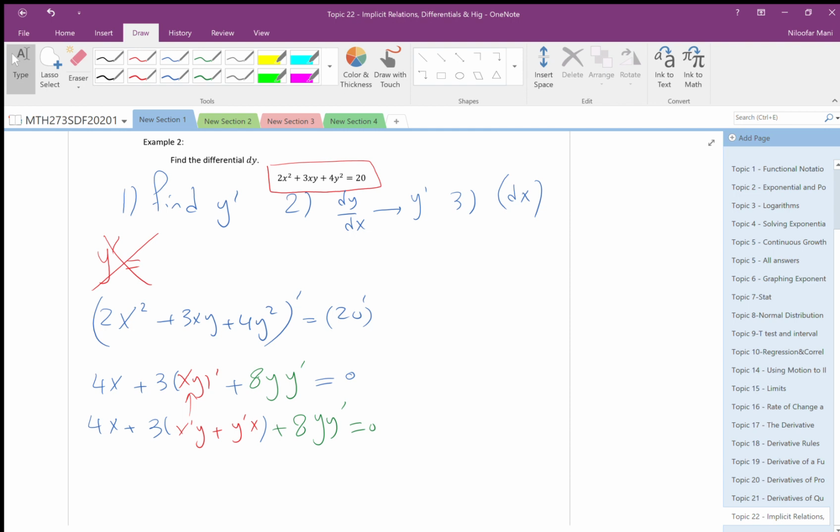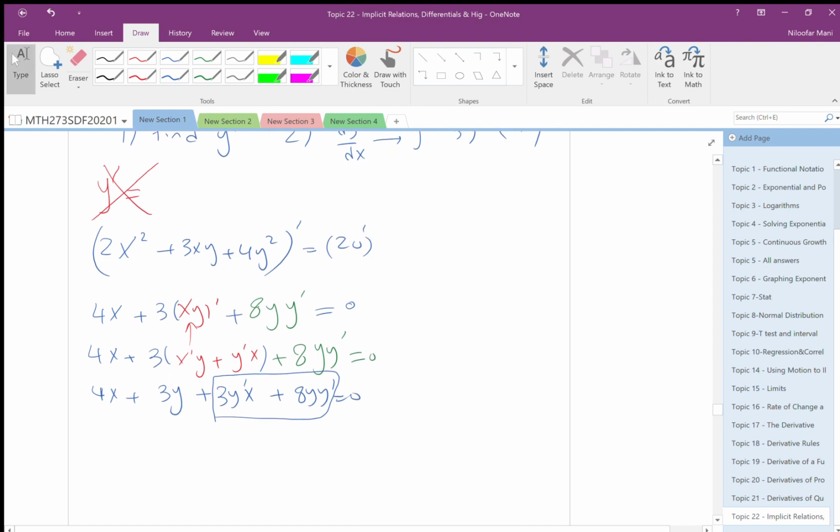I have 4x plus 3y, because x prime is 1, plus 3y prime x plus 8y y prime equals 0. Then I keep this on one side, I take that to the other side because I want to factor y prime. So now I have 3y prime x plus 8y y prime equal minus 4x minus 3y.